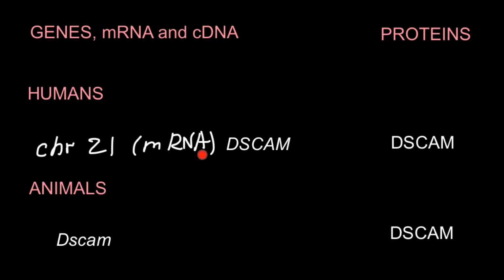And of course, a messenger RNA would be without introns, so this is going to be messenger RNA that only includes exons. And because all letters in the name of the gene are capitalized, you would know that this is a human gene and not an animal gene, where we capitalize only the first letter.